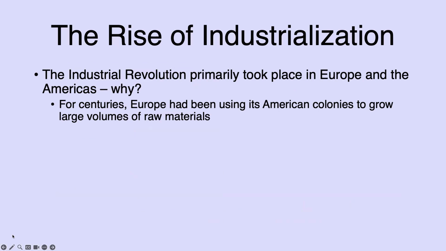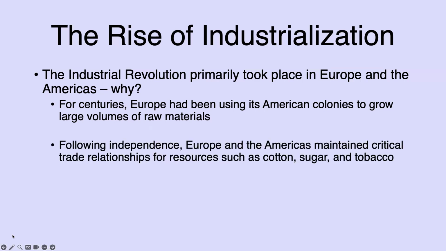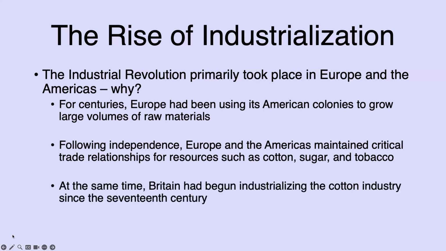And after American independence, they continued to strike deals between the United States to acquire those raw materials and to maintain that practice. Europe and the Americas maintained these critical trade relationships for cotton, sugar, and tobacco to make sure that this process is continuous from the colonial period past the independence period.